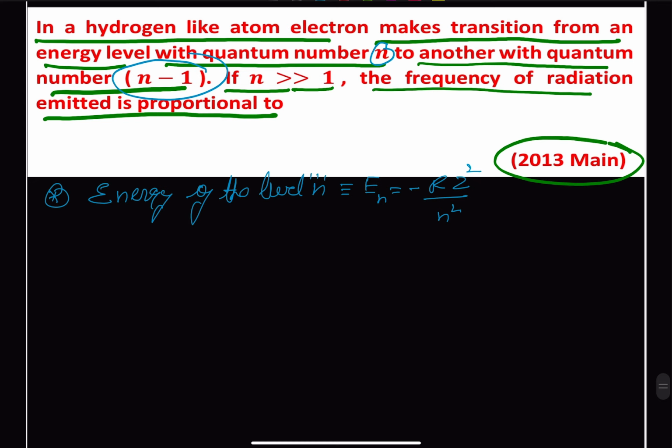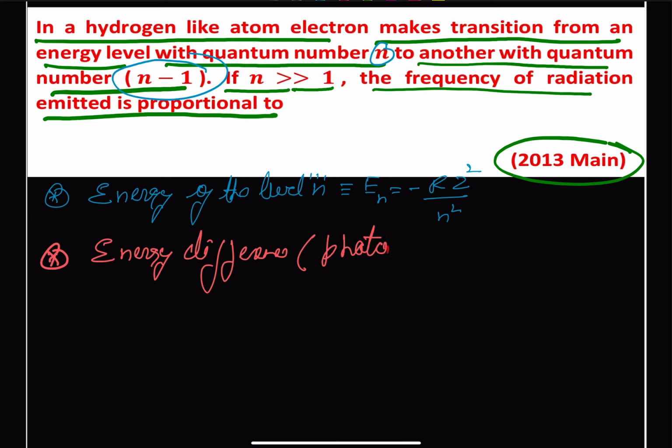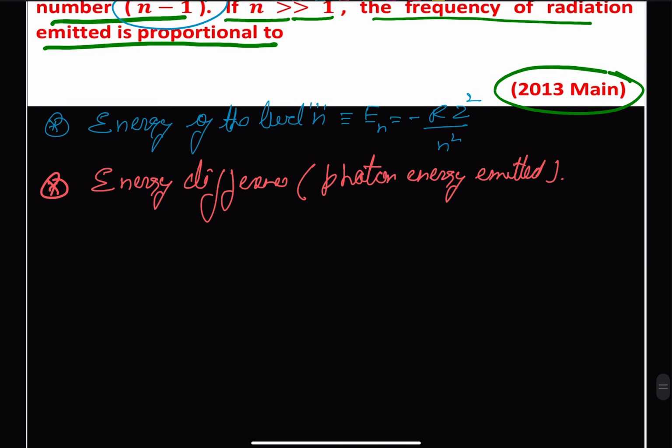So we can say that the energy difference, or photon energy emitted, delta E, will be equal to the difference between n and n minus 1.